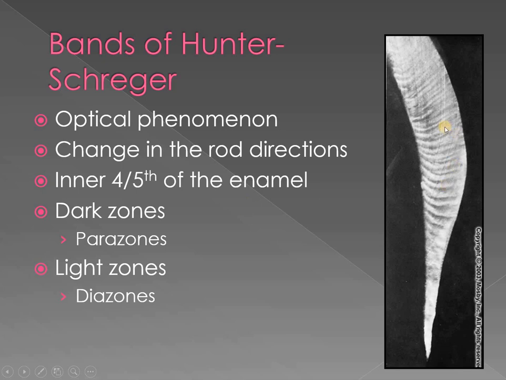This is the same image that I showed you previously, which shows the cross section as well as the longitudinal sections of the enamel. This alternating cross and longitudinal section, when you see it under reflected light, gives rise to alternating light and dark bands.